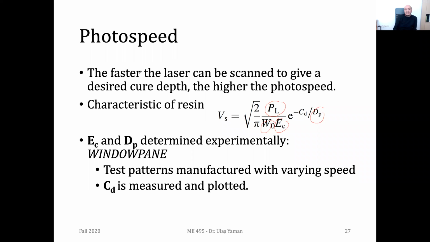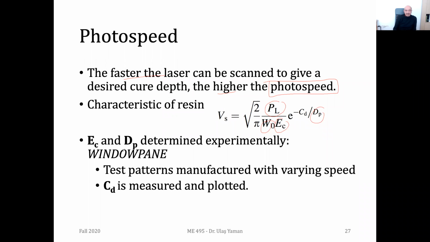Obviously, if your laser is faster, then you will have a higher photo speed. This is a new term we come up with, which means that at that photo speed, you can do the curing operation. You can increase it by having a high power laser, low radius, or low critical exposure values.